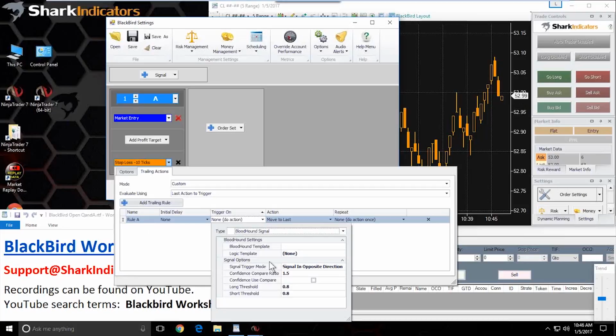You could set up a signal in Bloodhound that will move your stop loss, or your profit target, or even move your entry order. As long as your entry order hasn't been picked up, you could move your entry order based on a Bloodhound signal as well.